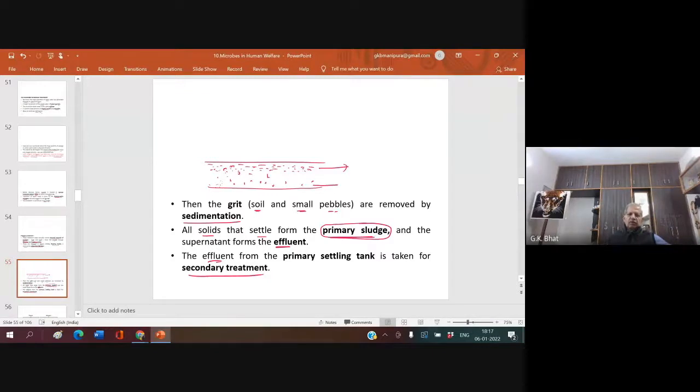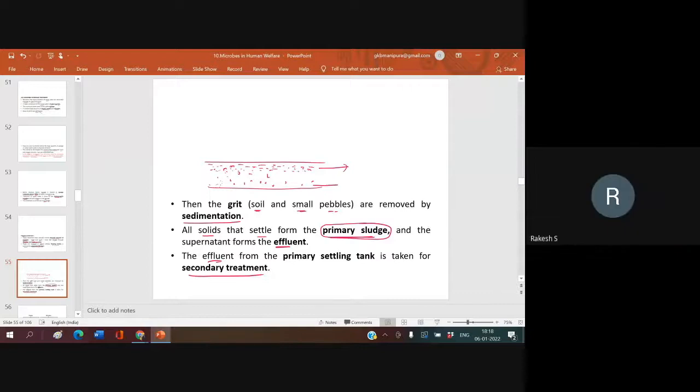Secondary treatment. Rakesh, tell me what is done while a treatment is given in the STPs. Sedimentation and then filtration.